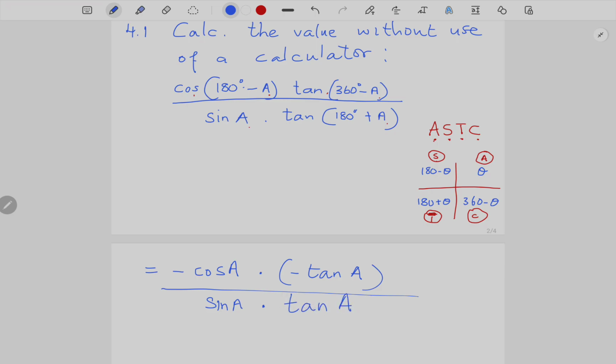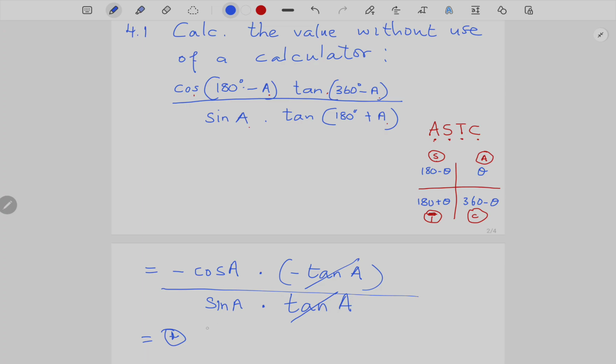Okay, then with the numerator, it's a negative times a negative, so the answer that we're going to have is positive, because a negative times a negative is positive. Okay, then tan A goes into this tan A once.